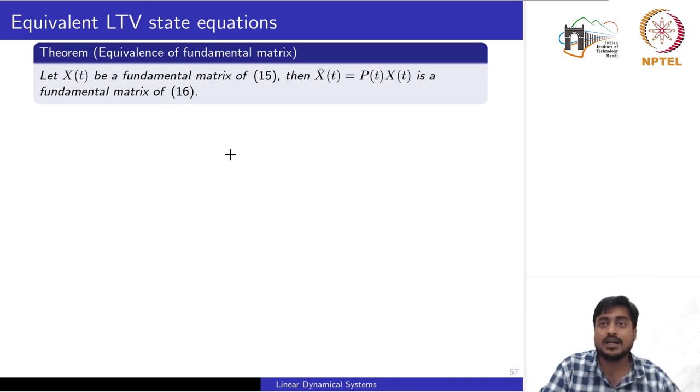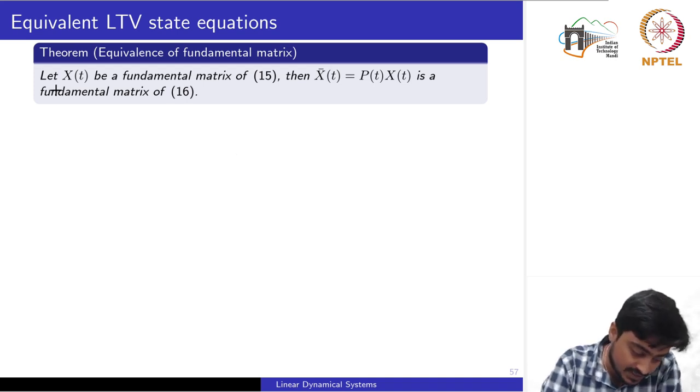Now what happens to the fundamental matrix, because we saw that in the LTV case the notion of the fundamental matrix played an important role. If the two state representations are equivalent, does the fundamental matrix remain the same, or does it change?